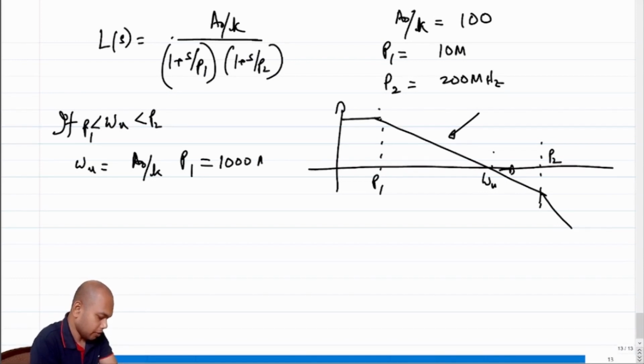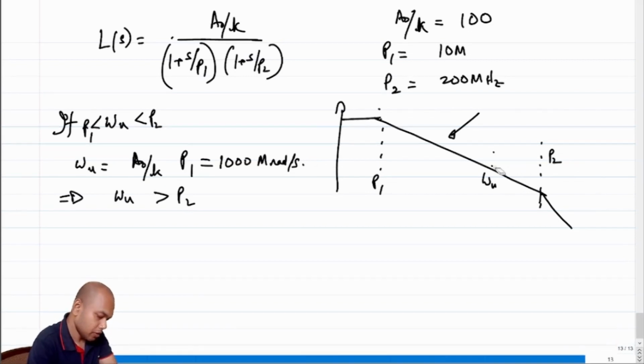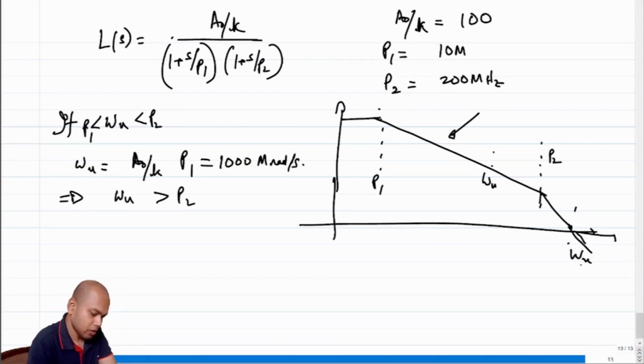That is 1000 megaradian per second, right? So then also it's not possible, this assumption is not valid. So which implies omega u is ahead after P2, right? So essentially the omega u is still probably somewhere here. So we'll still have poor phase margin, right?